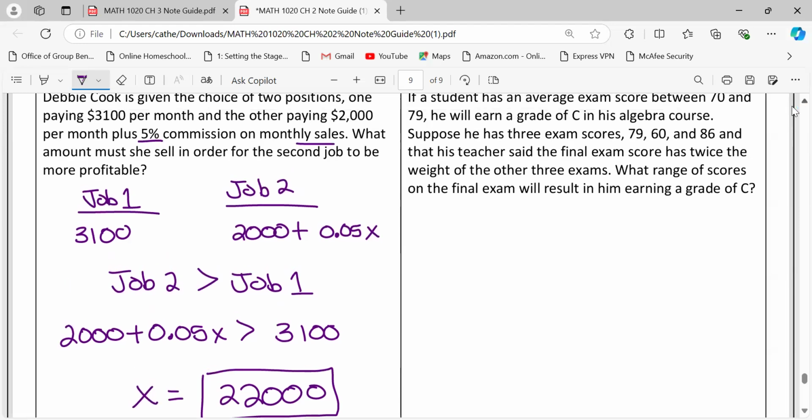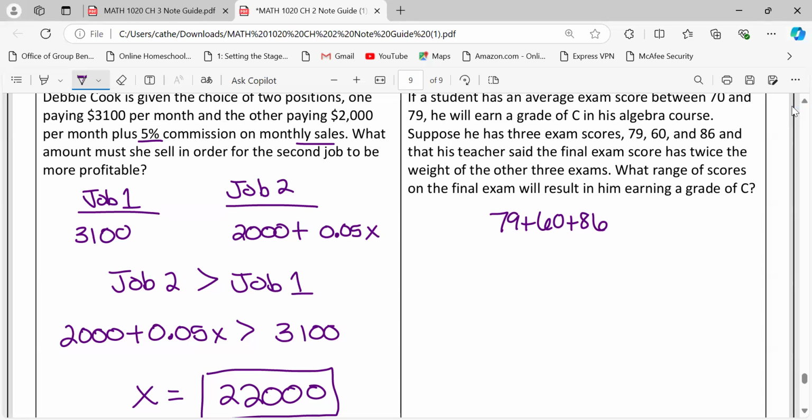If a student has an average exam score between 70 and 79, he will earn a C in his algebra course. Suppose he has three exams, 79, 60, 86, and his teacher said the final exam score has twice the weight of the other three. So how will we represent that final exam, but it's twice the weight?